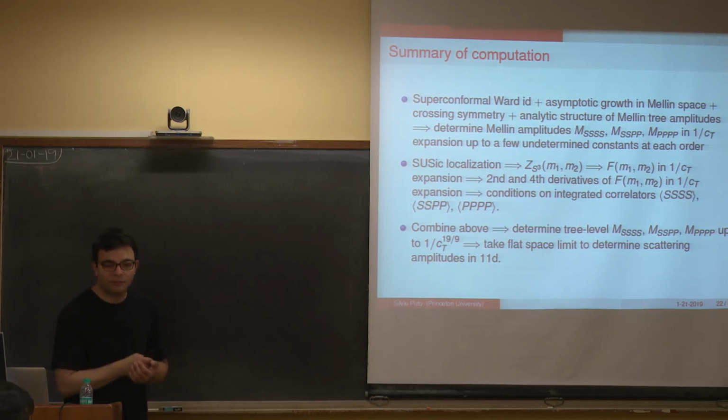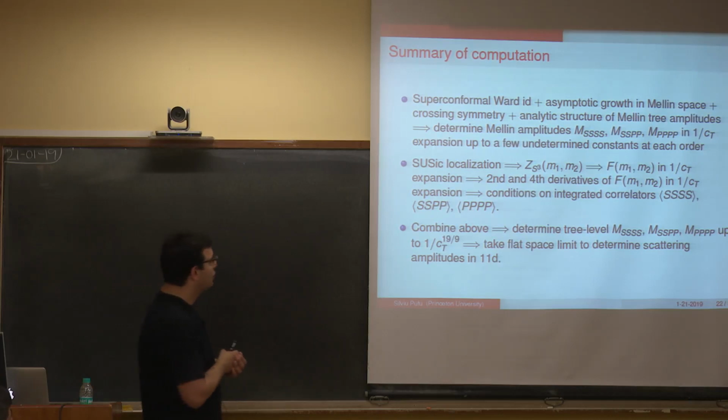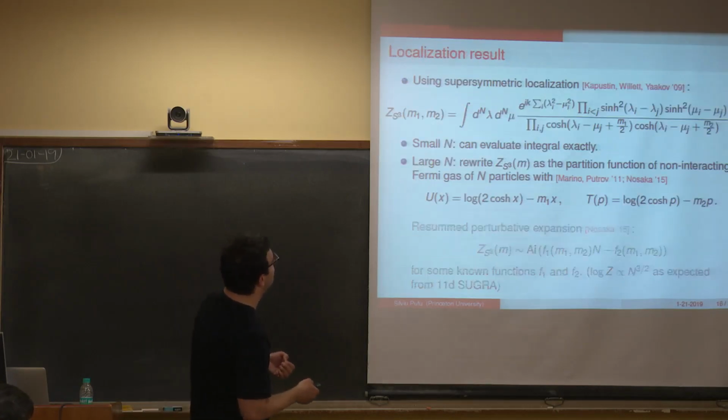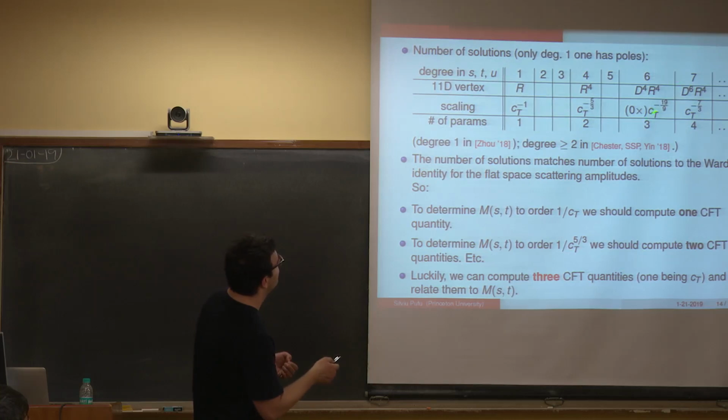CT to the power 19. Is that L Planck to the power 19? No, L Planck to the 19. Sorry, what is that L Planck? 19/9 appears here. Let me try to see.